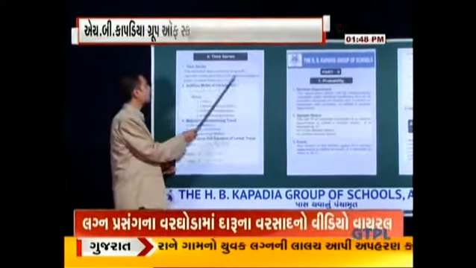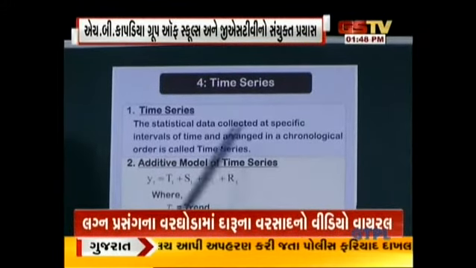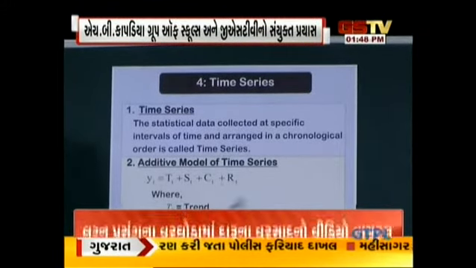The statistical data collected at specific intervals of time and arranged in chronological order is called a time series.